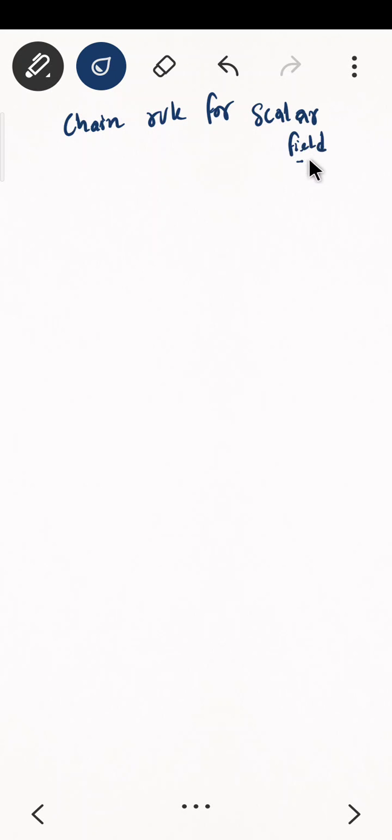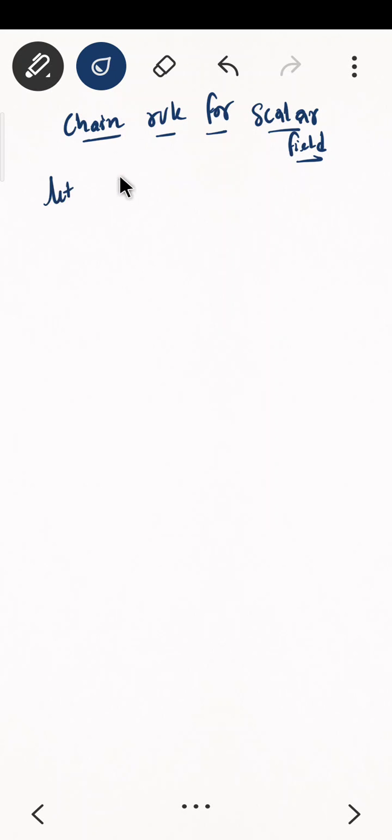Now, why did I prove that theorem? I just wanted to relate it with the chain rule for scalar field. Chain rule for scalar field. Okay, so let me write the statement.